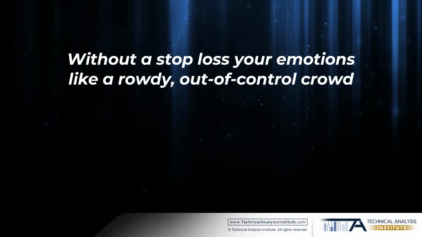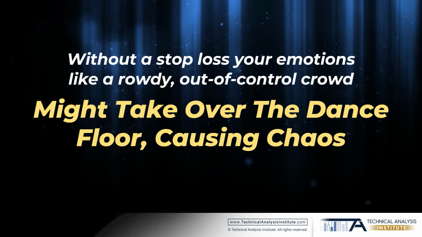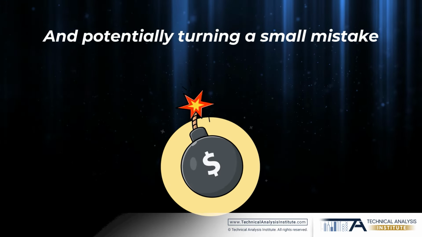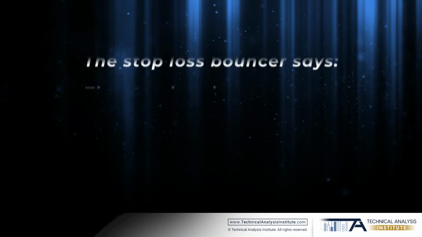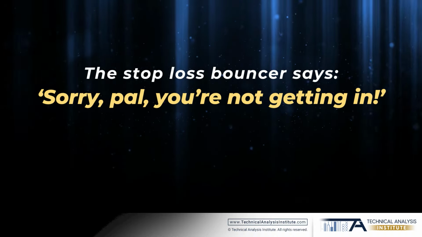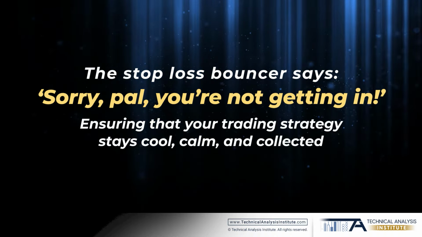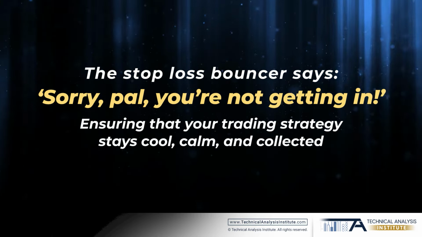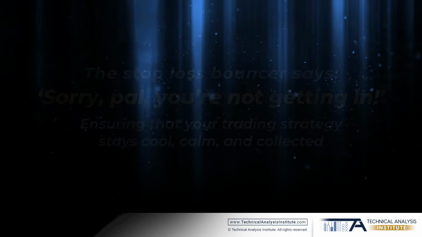Without a stop loss, your emotions, like a rowdy, out-of-control crowd, might take over the dance floor, causing chaos and potentially turning a small mistake into a full-blown disaster. The stop loss bouncer says, "Sorry, pal, you are not getting in," and ensures that your trading strategy stays cool, calm, and collected, preventing those wild emotional swings from turning your account into a disaster zone.